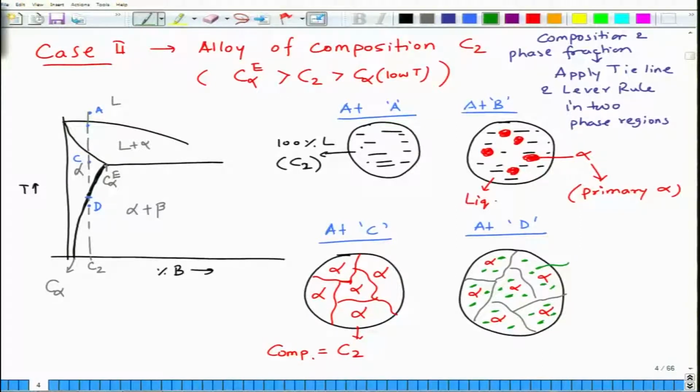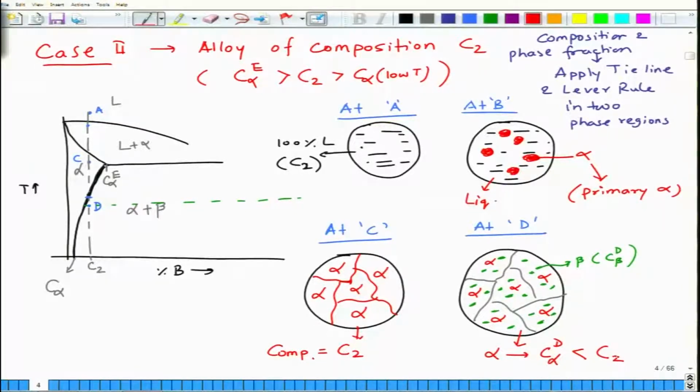So, this will be beta phase, and beta phase composition is given by the tie line which intersects at some point. So, composition is C beta D, and the composition of alpha is changed to C alpha D, which is lower than C2.